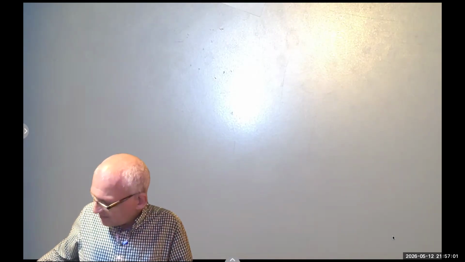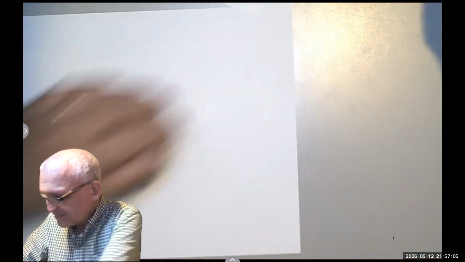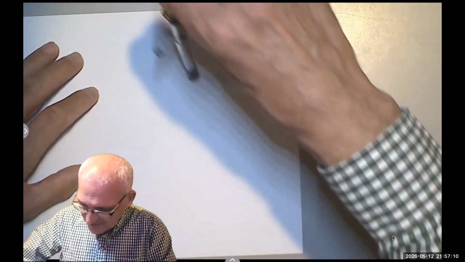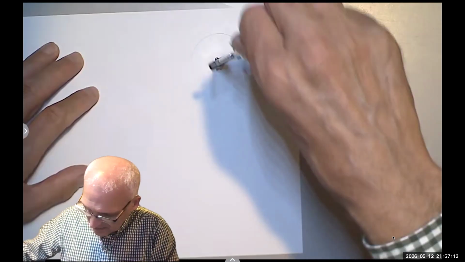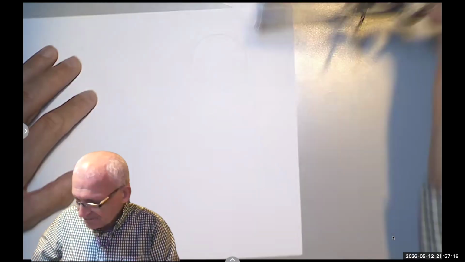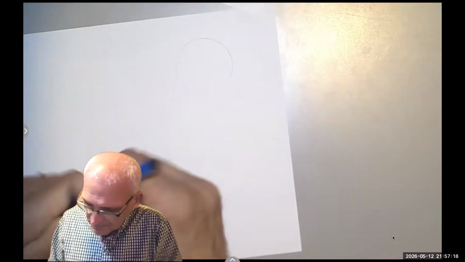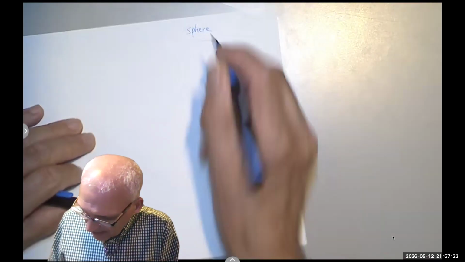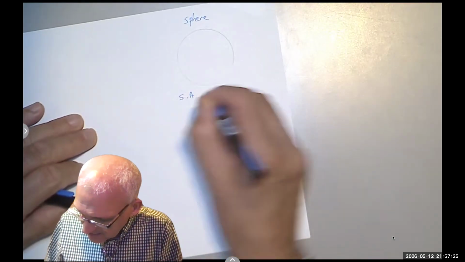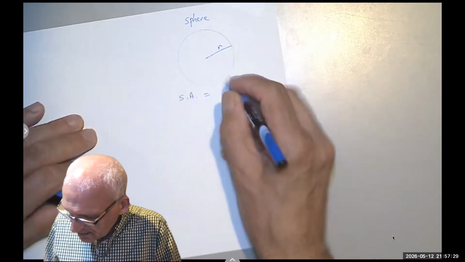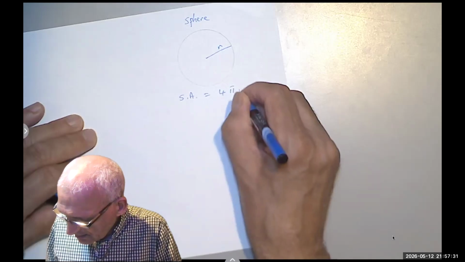Before I start with the volumes, if we have a sphere, let's draw a circle here and say we have a sphere. The surface area of a sphere with radius r is 4 pi r squared.